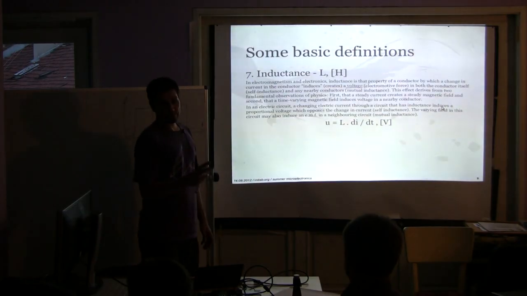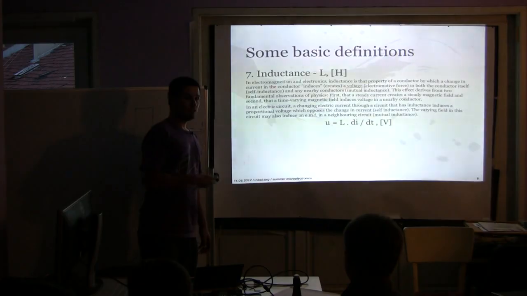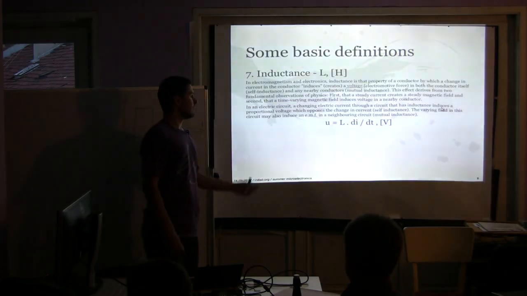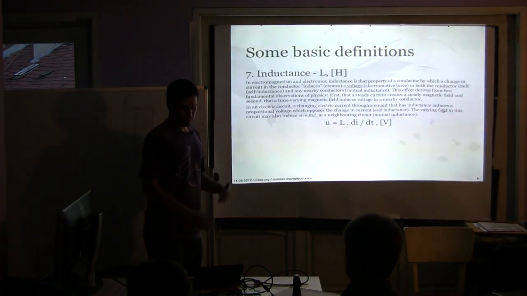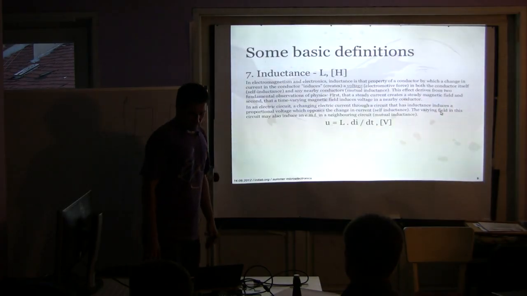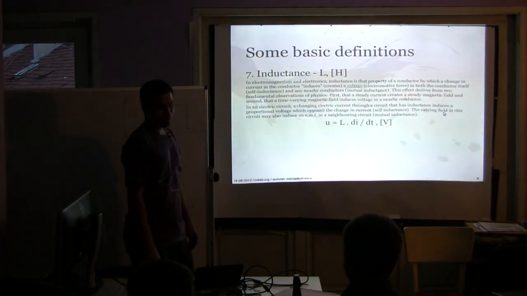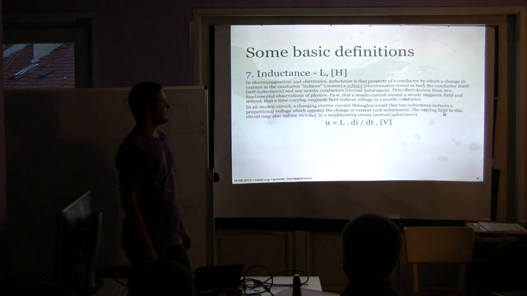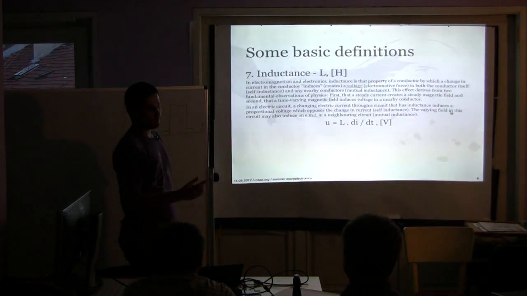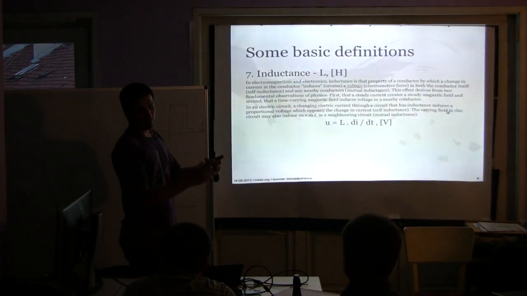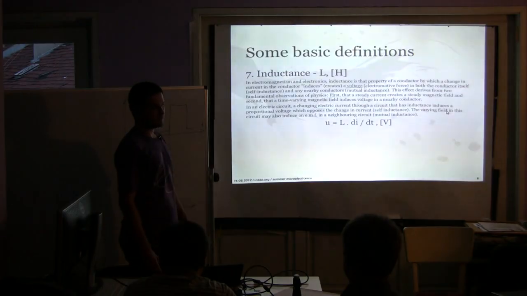When we remove the voltage, this current will try to stay in the coil, and it will produce some kind of small voltage drop. So we remove the voltage, but the voltage stays there just because of this inductance.